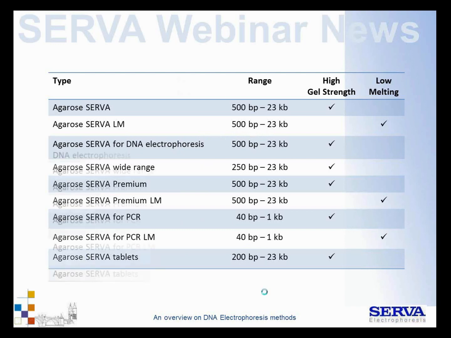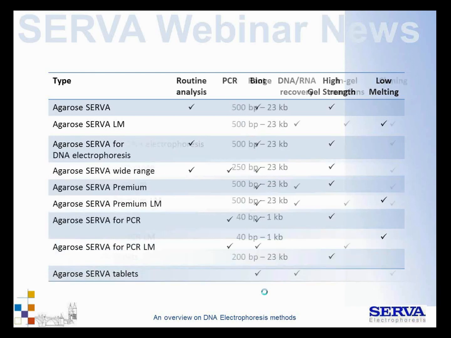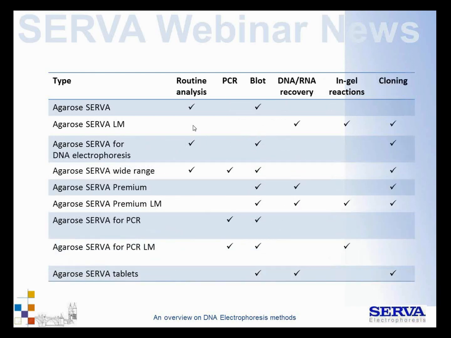So here you see which agarose we recommend for which application. For routine analysis, the normal SERVA agarose. For PCR, special ones. For blotting, almost for Southern blotting, you can use any you want. But for recovery of DNA or RNA, a low melting agarose is easier, and also for in-gel reactions. Okay.